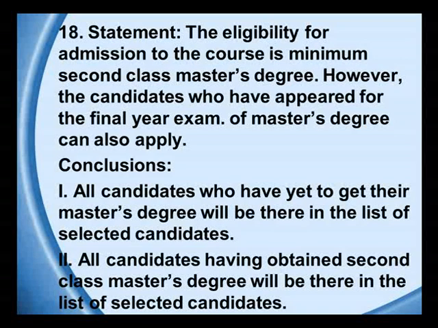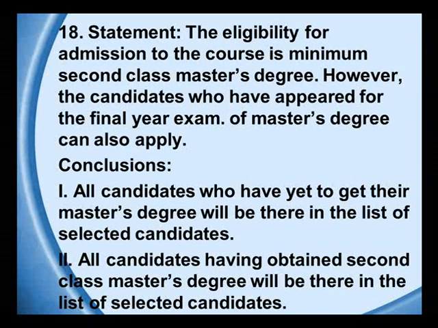Conclusion 2: all candidates having obtained second class master's degree will be there in the list of selected candidates. This particular conclusion is again formulated on the same basis as conclusion 1 was. All candidates having obtained second class degree will be there. That's not necessary. Again, the same possibility emerges.